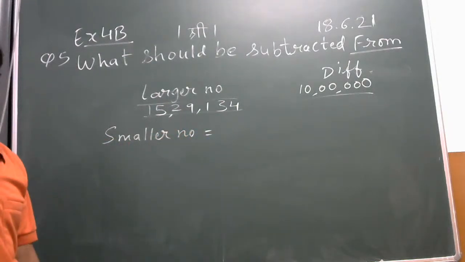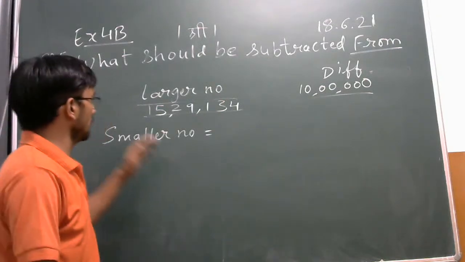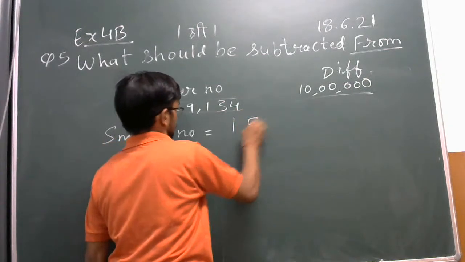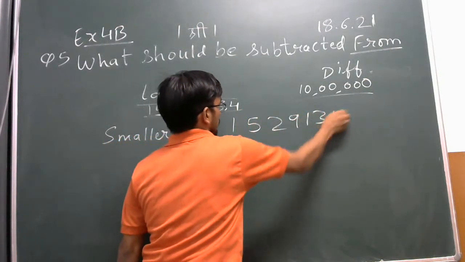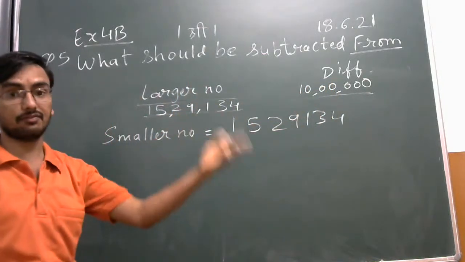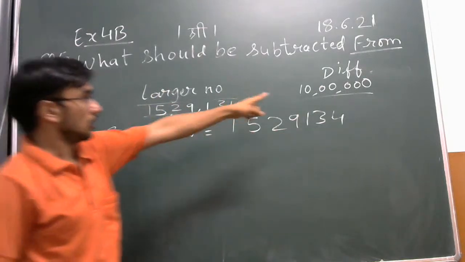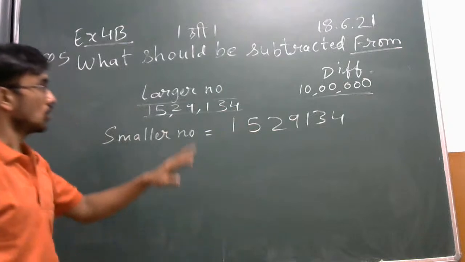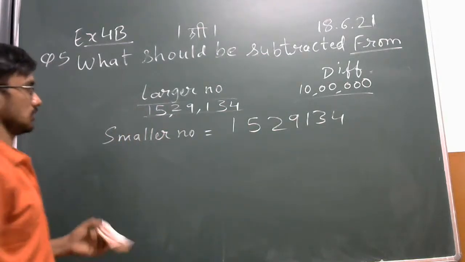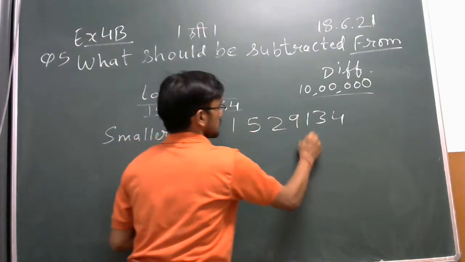Okay. और अभी हमने देखा था कि for smaller number what we should do, we are going to subtract from the larger number. If you subtract the difference, जो आपको चाहिए, what should be subtracted from, इसमें से आप क्या माइनस करेंगे? That smaller number to get the difference. So difference is already given and the smaller number is asked. So you know that very well. You just have to do the difference.